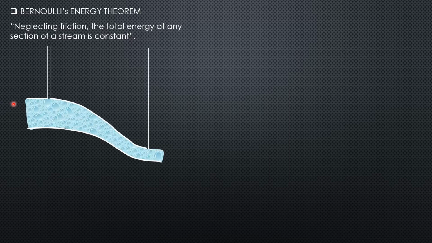So for instance, this is a pipe and we have imaginary piezometers here, and this is the selected datum, arbitrary datum. Remember, this is arbitrary. Call that point 1 at the center of the section of that pipe, point 2 at another section. This will be the energy grade line, which is horizontal if friction is negligible or neglected.